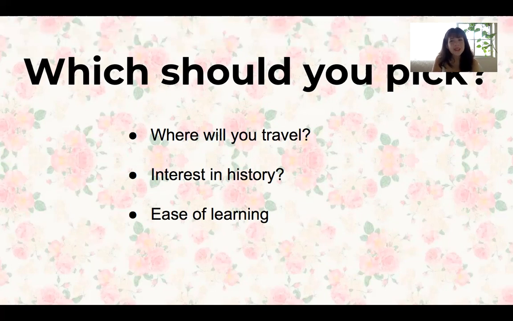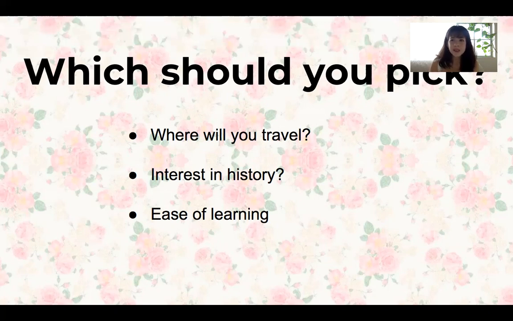Also, another thing is the ease of learning. In my opinion, in the long run, if you're looking to be super fluent in Chinese, you want to be able to read complicated textbooks and things like that, I think simplified and traditional are both about as easy to learn.